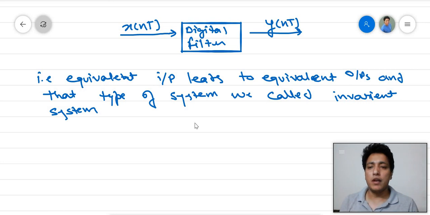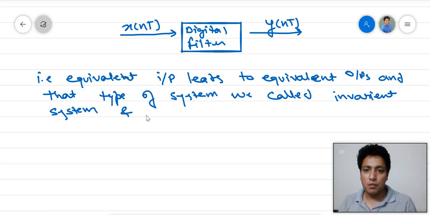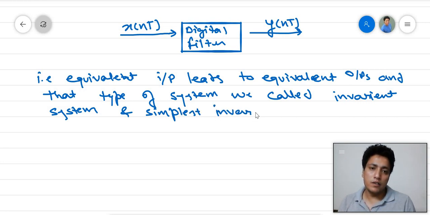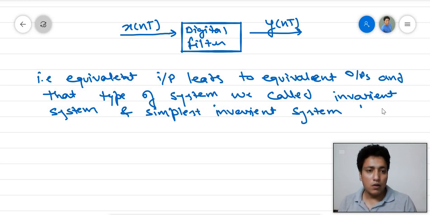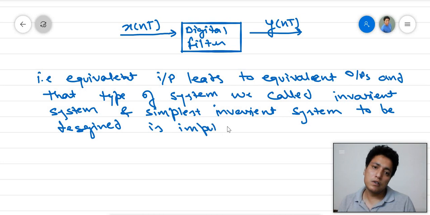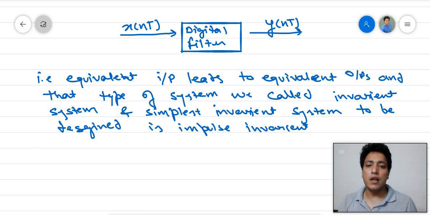That type of system we call an invariant system, and the simplest invariant system to be designed is impulse invariant. So that is our objective. We'll have an impulse response for both analog filter and digital filter, and we expect that output should be invariant of system.